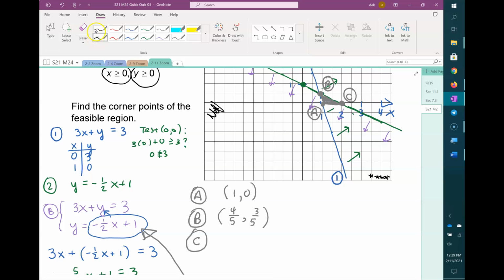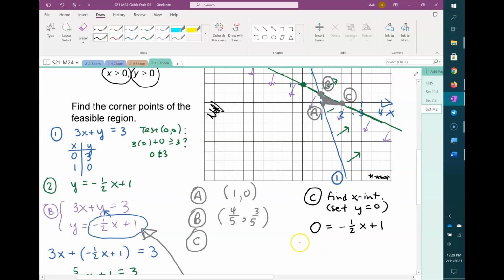Okay, then for C, you need to find the x-intercept. So you set y equal to 0. When is it true that 0 equals -1/2 x plus 1?